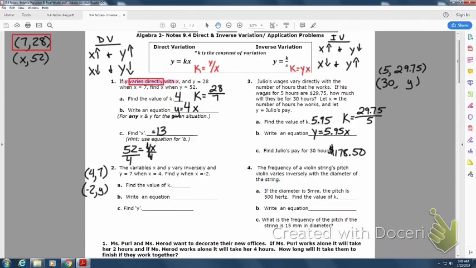So, Chris, if I'm finding the K value, and it is inverse variation, is it Y times X or Y divided by X? Y times X. So I would do 4 times 7, which is 28.